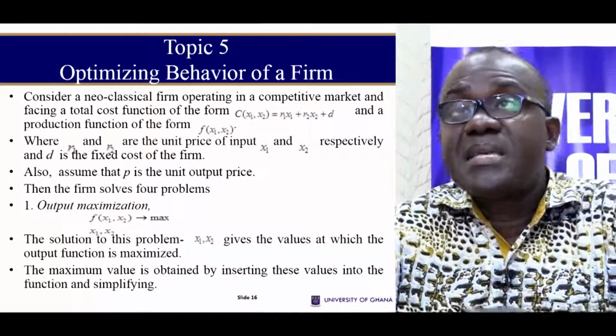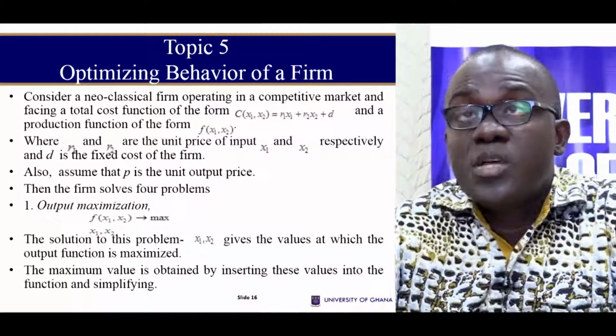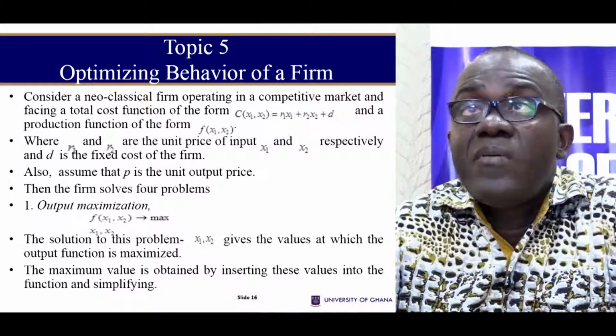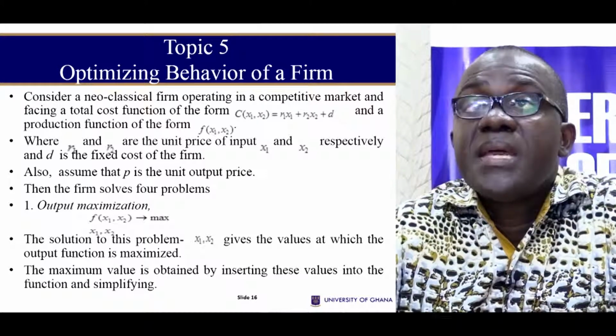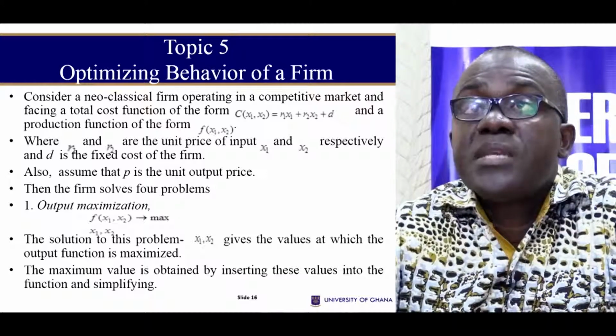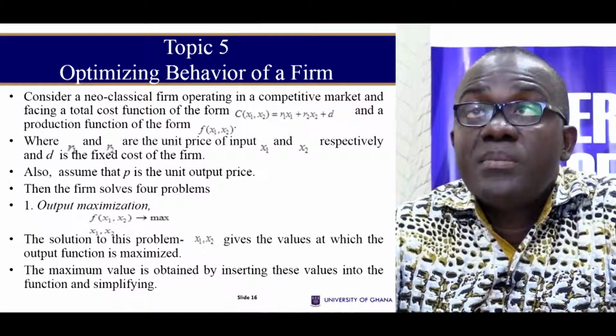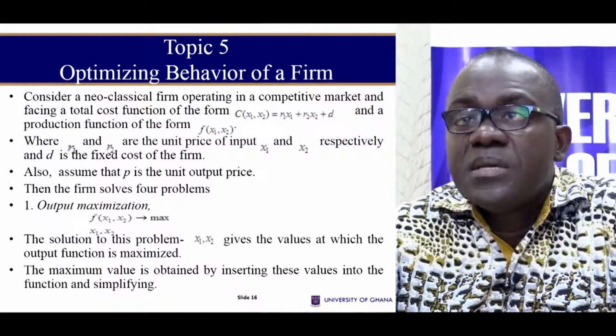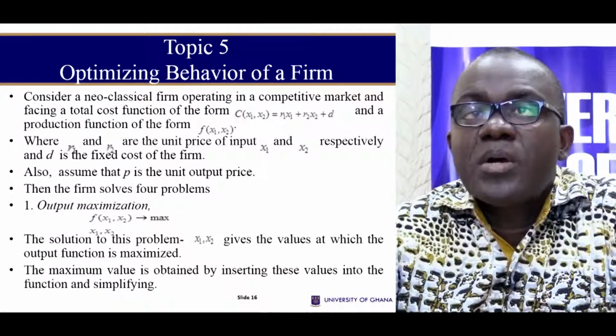Having discussed this Copula function, what I would like us to know now is to discuss the optimizing behavior of a firm, okay? In a neoclassical firm, the firm technically solves 5 sorts of problems. The first one is output maximization, which you may have come across.